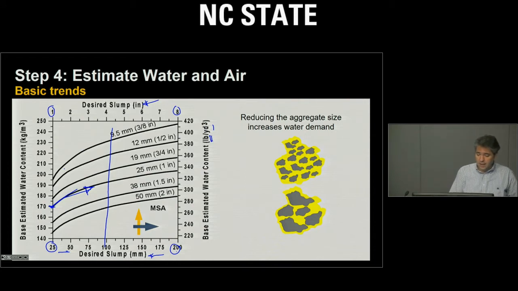For example, if we have 2-inch aggregate size, 50 millimeter, we would require something around 275 pounds per cubic yard of water to achieve 4 inches of slump. Now, this line has to be a little bit more straight over here, but you probably get the point.